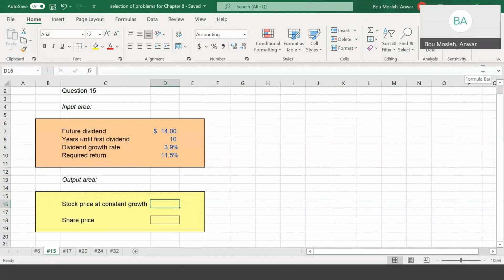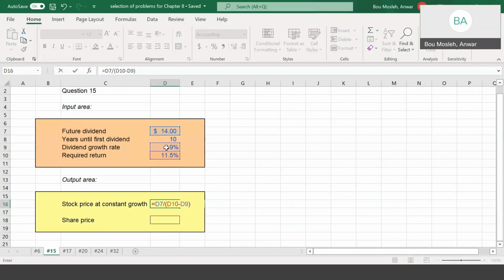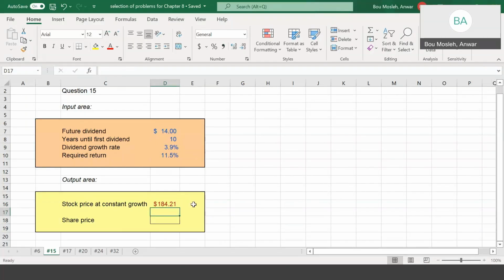So the stock price is D1 over R minus G. Well, we know that in year 10, we're going to receive $14, which is D10, over R minus G, will basically give me the price in 9, right?